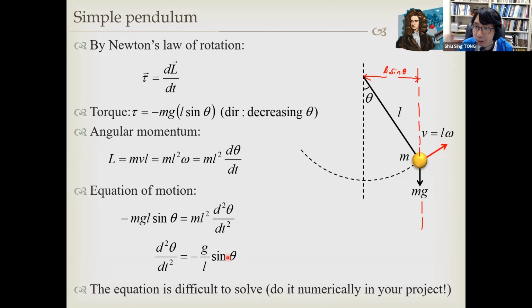The angle theta need not be small. You can have a large angle, even 90 degrees, starting off with a horizontal position of the pendulum. You can still solve this equation numerically to find the period, but I leave it to you in the project, not in the lesson.